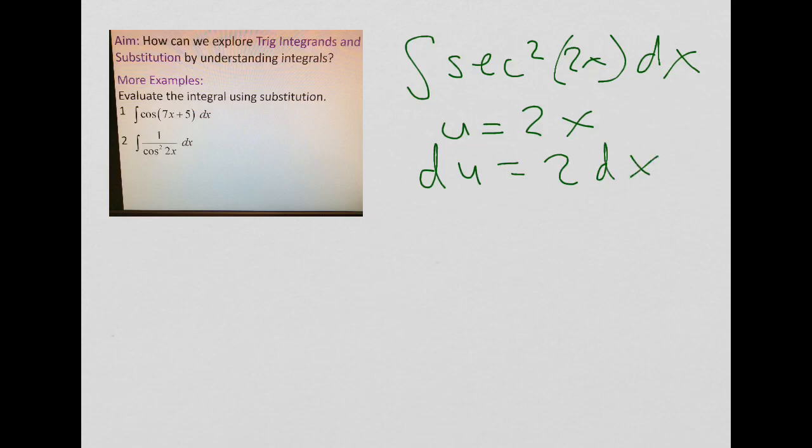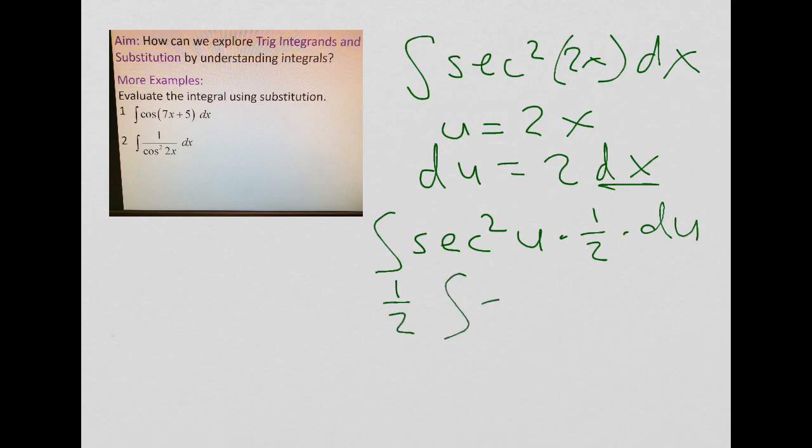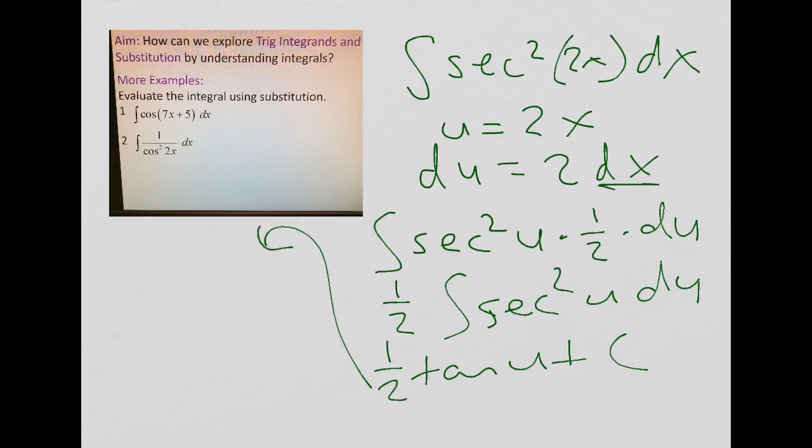So I'm replacing the angle measure with u, but I have to replace dx with 1/2 du. So take out the 1/2, and I wrote that a little sloppy, sorry. This is actually the tangent of u plus c. Let's replace u. And the answer for number 2 is 1/2 the tangent of 2x plus c.